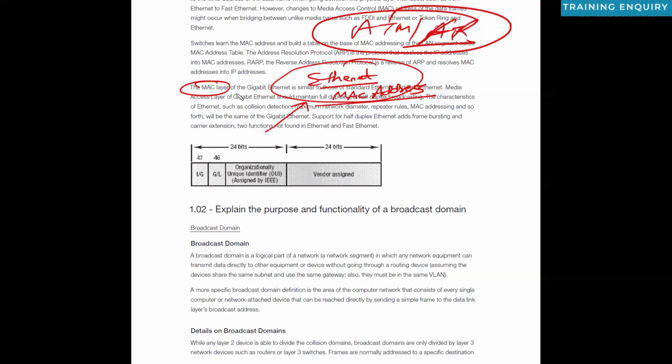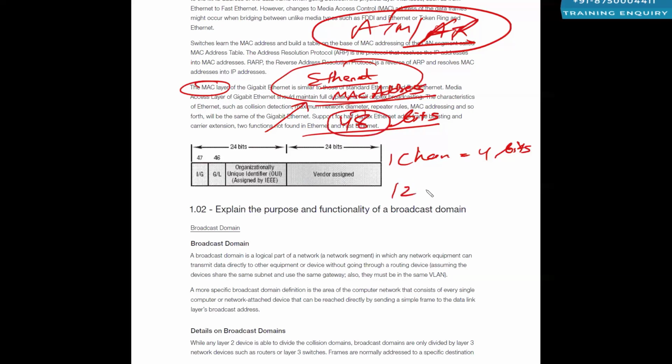Remember, MAC addresses will always be represented in hexadecimal format. You have in total 48 bits. Since you know that in hexadecimal, one character is equal to 4 bits in binary, with 48 bits you would have in total 12 characters in your MAC address.